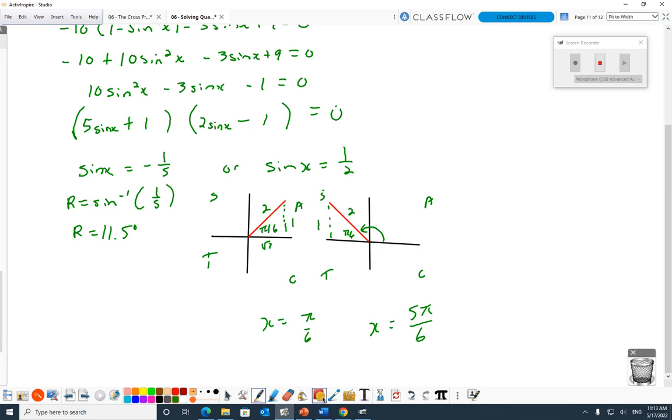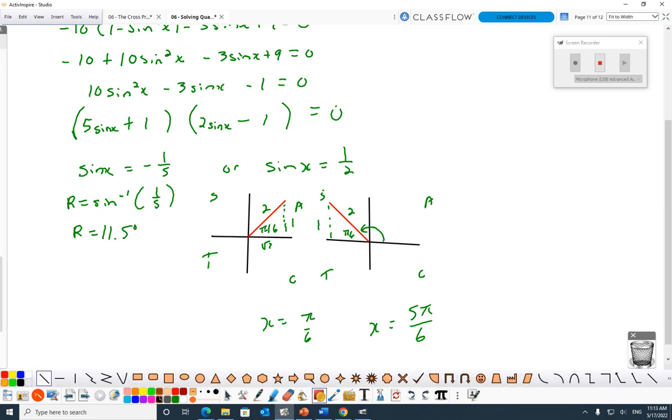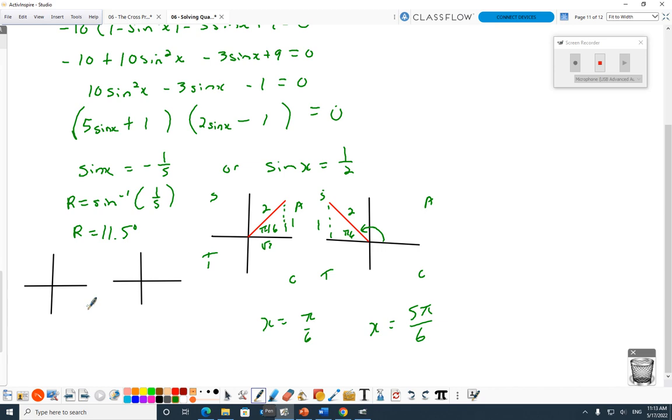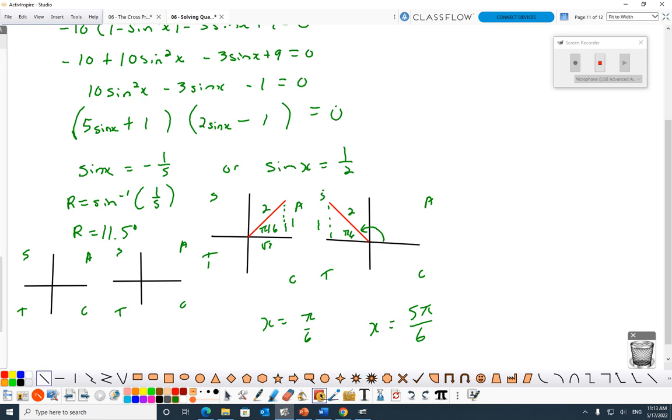You think about why did I ignore the negative? Actually, it's not true. I didn't ignore the negative. Why did I not type in the negative? Write down the cast rule. C-A-S-T. Sine negative.